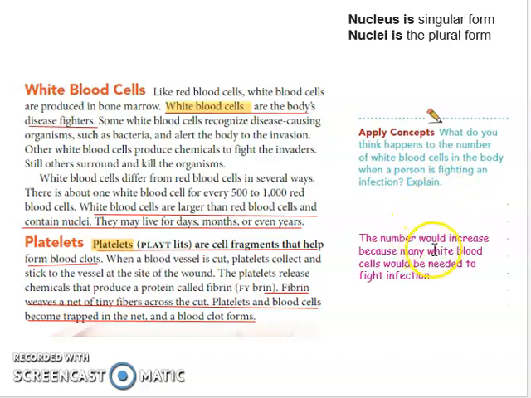The numbers would increase because many white blood cells would be needed to fight an infection. For example, if you have a big wound, you need a lot of white blood cells to fight back the bacteria, to fight back some invaders going inside the body. The ones responsible for that are white blood cells because they fight back the diseases.